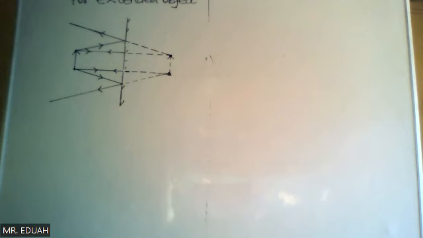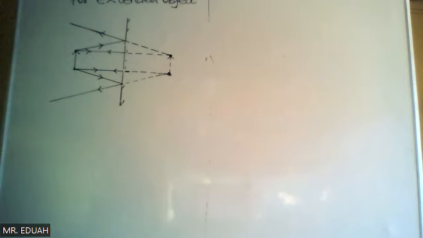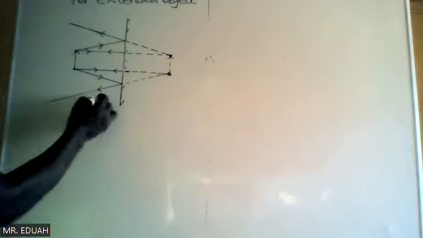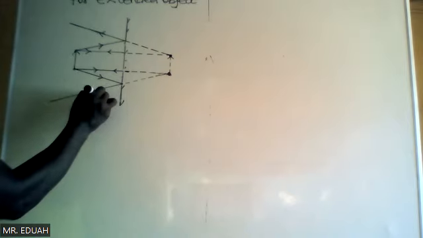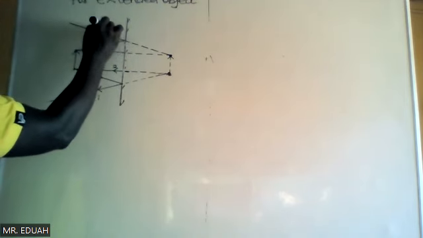Amma, Lizzie. Sir, please, this one is still a virtual image? Yes, because it is still formed as a result of the apparent intersection of the reflected rays. Look at the reflected rays: 1, 2, 3, 4.